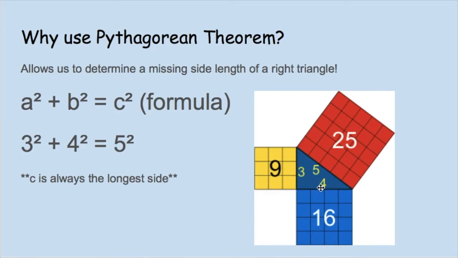My shorter sides, 3 and 4, would represent a and b, so 3 squared plus 4 squared, and always have c as the longest side or hypotenuse. The longest side in the triangle is 5. So 3 squared plus 4 squared equals 5 squared. The cool thing is when we do the math, 3 squared is 9, 4 squared is 16, 5 squared is 25, and 9 plus 16 equals 25.